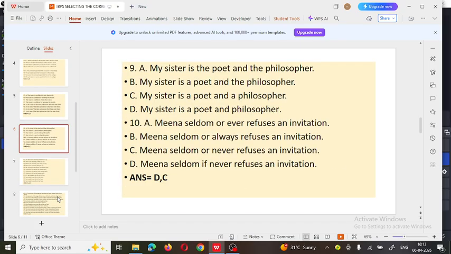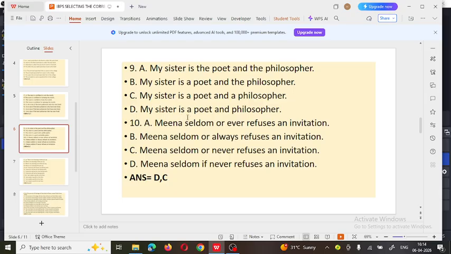Next. My sister is the poet and philosopher. My sister is poet and the philosopher. My sister is a poet and a philosopher.